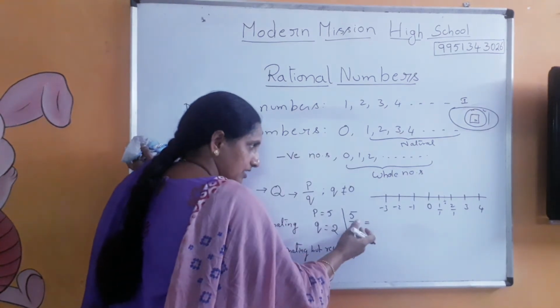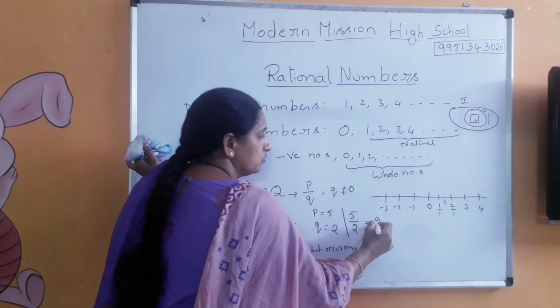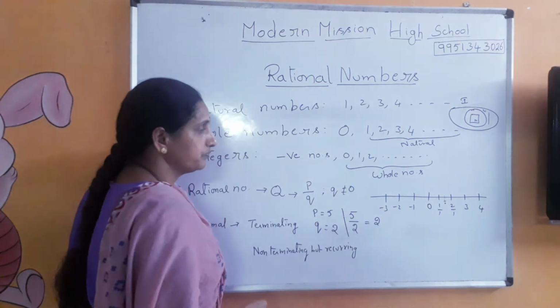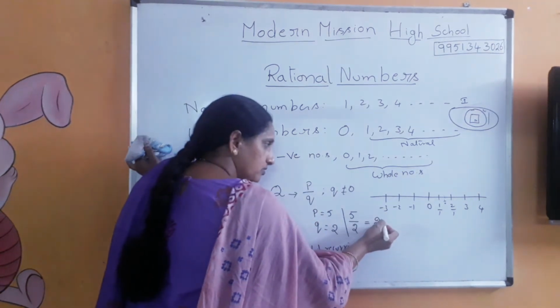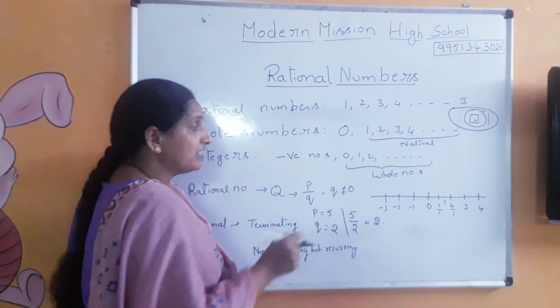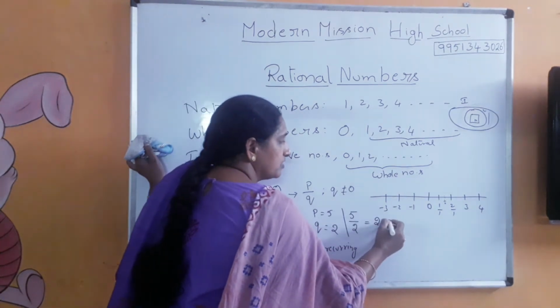Or else just apply the division. 2 2s are 4. You are left with 1 as a remainder. Put a decimal point here so that you can add 0 to that 1. 10, 2 5s are 10.